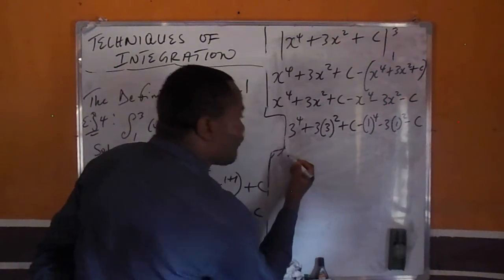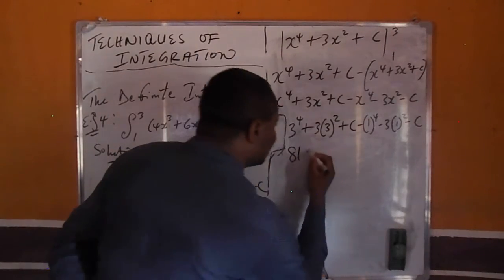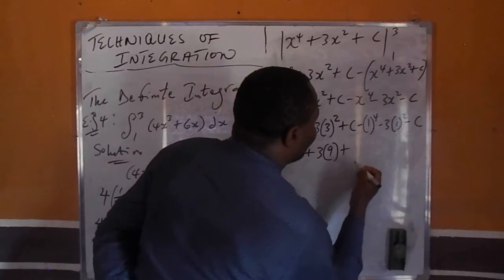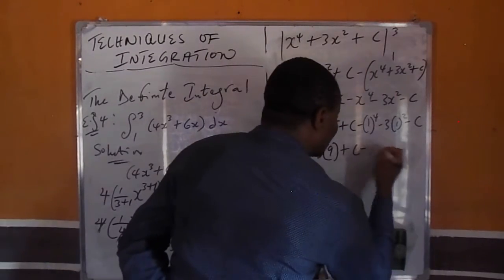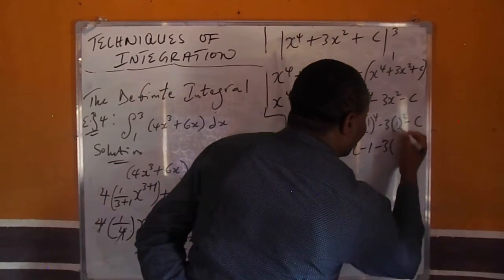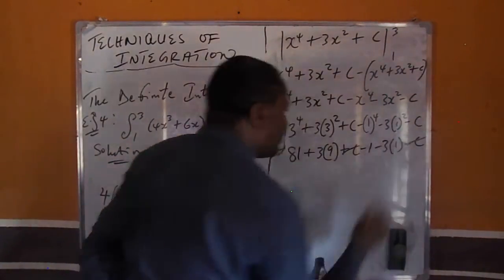3 raised to power 4, 3 times 3 times 3 times 3, will give us 81, plus 3 in bracket 3 raised to power 2, 9, plus c, minus 1 raised to power 4, 1, minus 3 in bracket 1 raised to power 2, 1, minus c. Plus c cancels minus c.